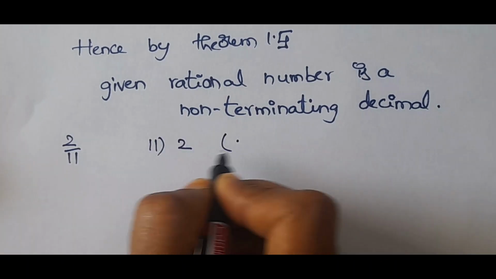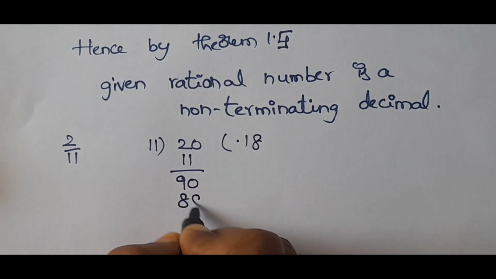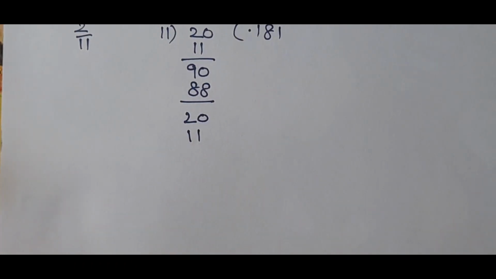Then the given rational number has a non-terminating decimal expansion.